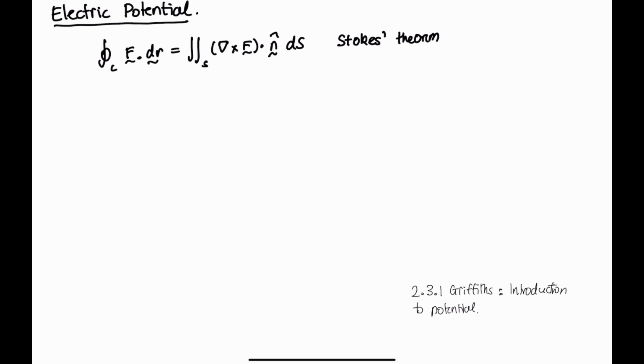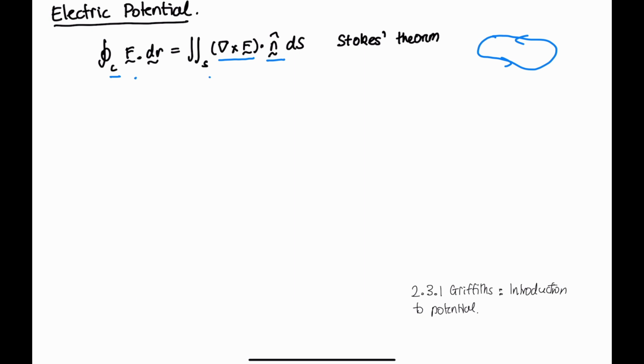What Stokes' theorem tells us is that if we consider an integral around a closed path, so here we've got a closed path, this left-hand side is referring to the integral around the boundary of our path, and that is equal to the curl of F through the surface, and this is the normal to the surface here.